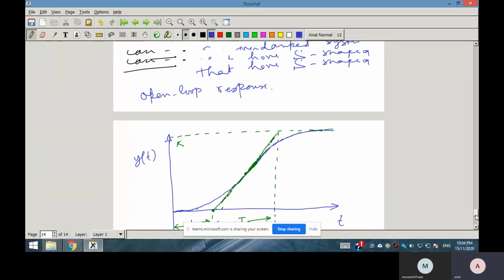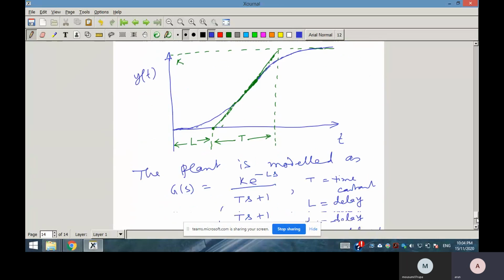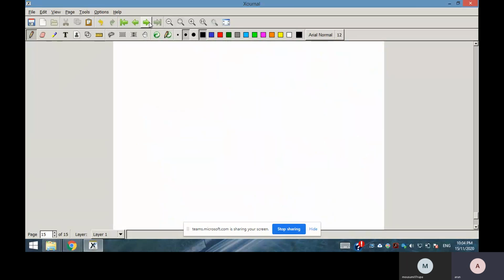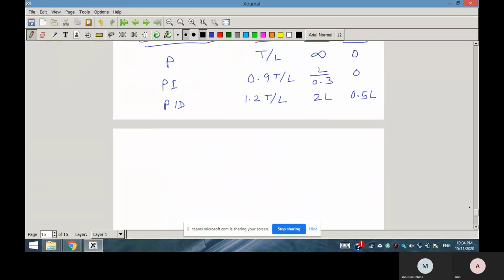That means the process whose input-output response has S-shaped characteristics. Now case two: it may happen that not all processes have this kind of characteristics. Then what will you do?